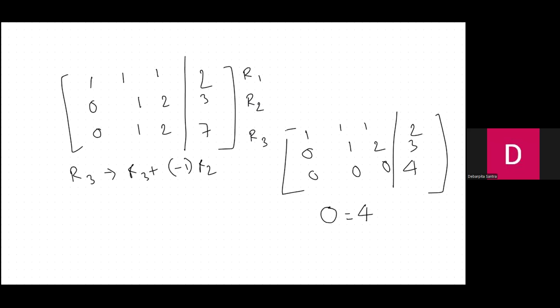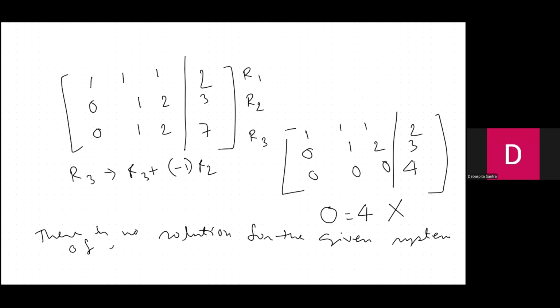That is not possible anyhow. That means the matrix is inconsistent. So what we have to write is, there is no solution for the given system of linear equations. Okay, so that is the output of this Gauss elimination method.